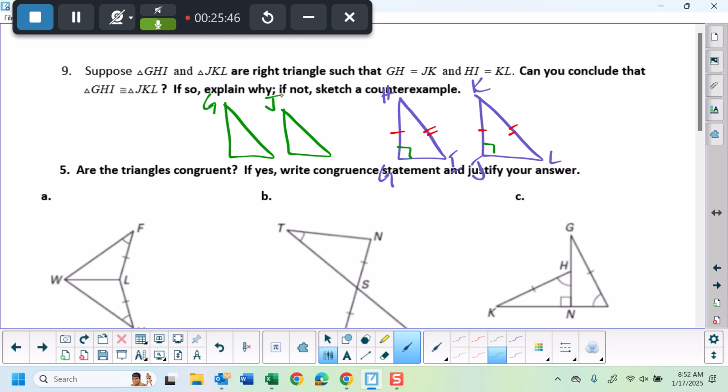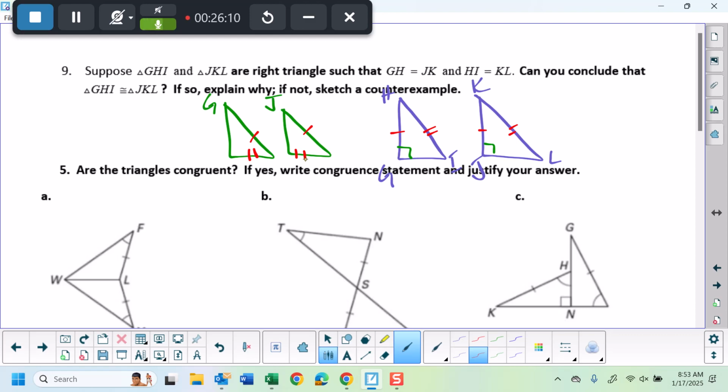Then when I talk about what sides are congruent, it's these two, congruent to these two. And I could rotate it one more time. Nobody told me which one was the right angle. So there's two instances where it's hypotenuse leg and one instance where it's side angle side. So we'd need to know that.